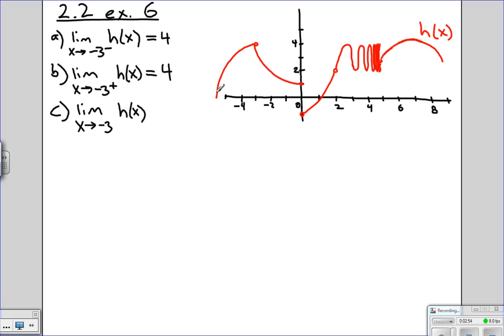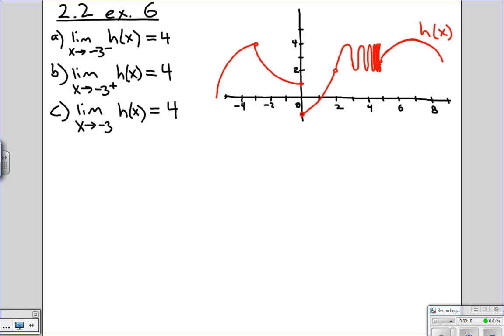That means if you go from any direction, no matter which way you come from, you always agree where you end up. And you end up at the y value of 4. So since the limit from the left and the limit from the right agree, that's also the limit from all directions. In other words, the overall limit, the limit as x goes to -3, is equal to 4.